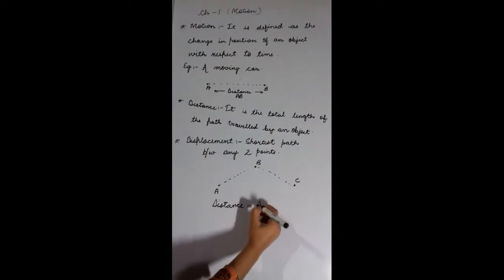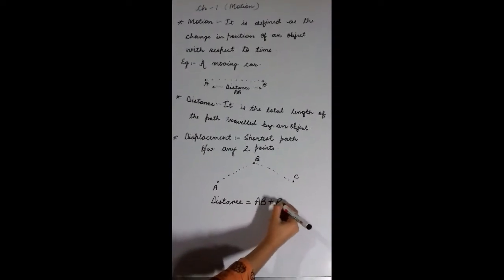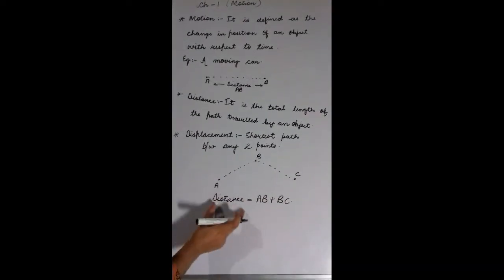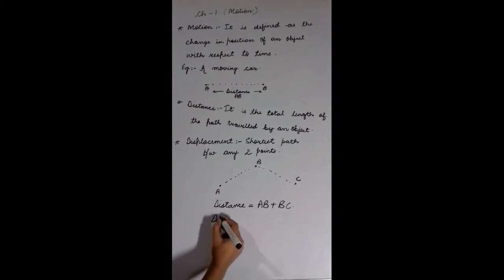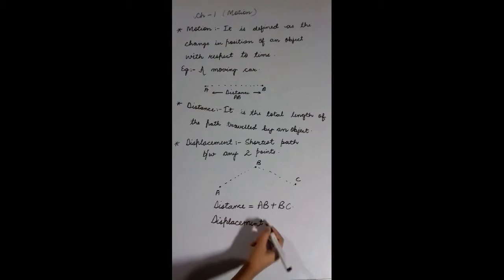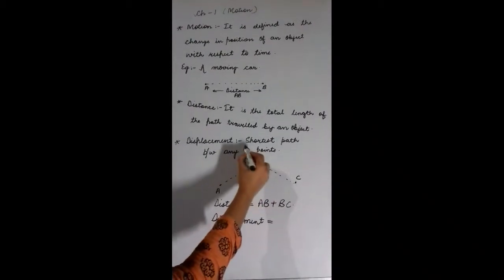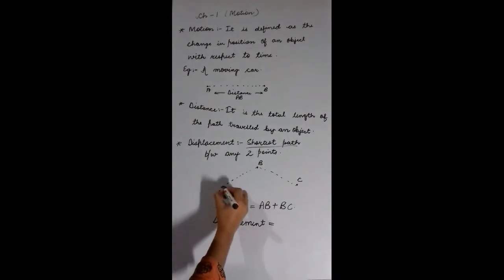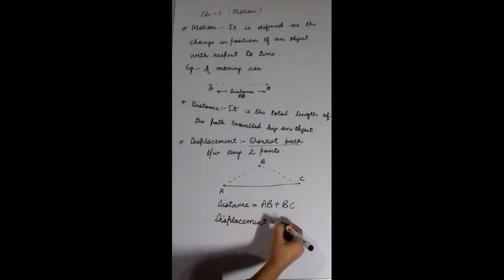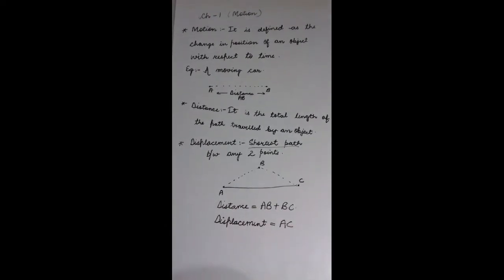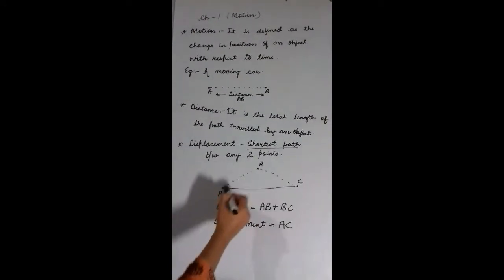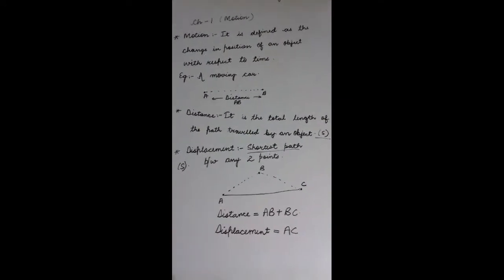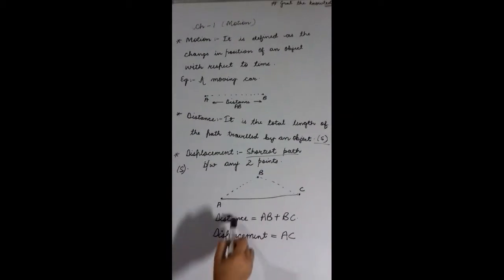The distance is AB plus BC. Why? Because distance is the total length. But talking about displacement, as displacement is the shortest path between any 2 points, we will take the initial position and final position, so it will be AC, the shortest distance. Both distance and displacement are denoted by small s.